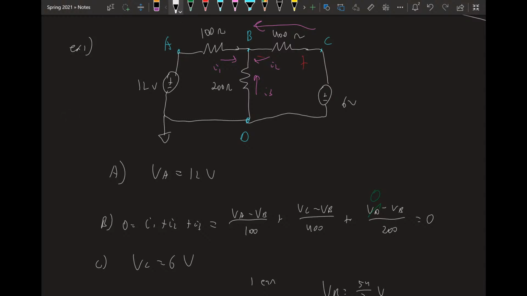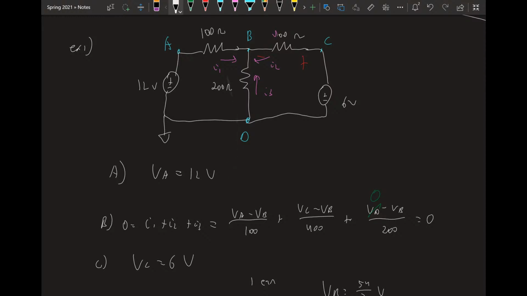And so the voltage across here, in the direction of the current, would be VC minus VB over 400. If I had defined the current as going the other way, I would do VB minus VC. But I didn't. I defined it as going this way. Okay, that question is solved.